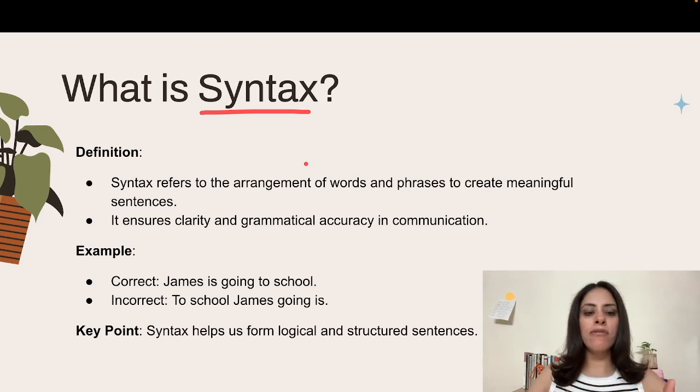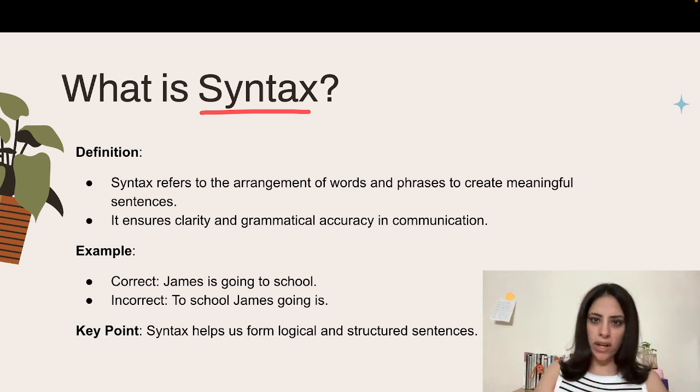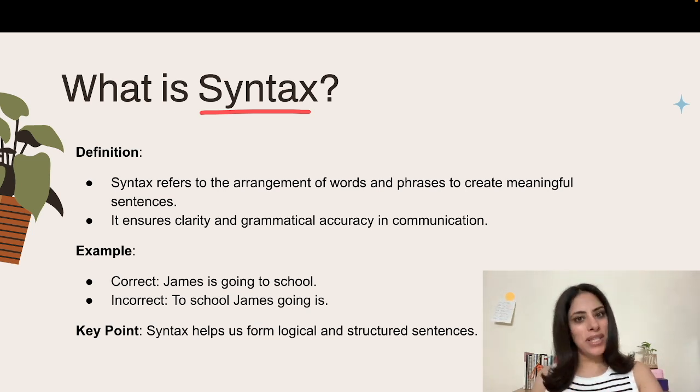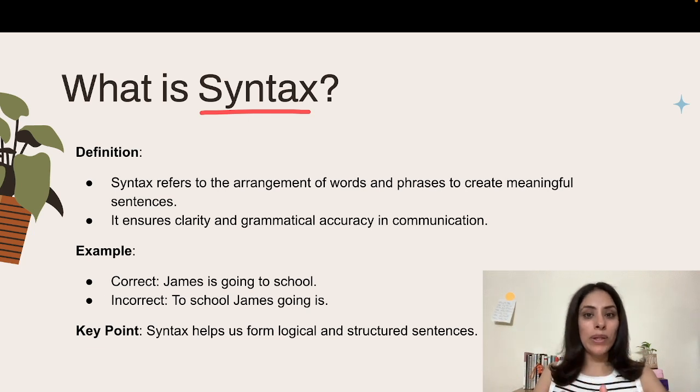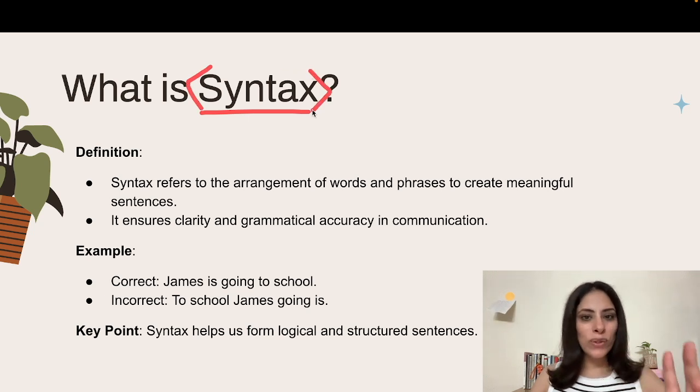We know that we have to write Ram is going to school, but some students who are beginners get confused with the syntax: how should we write our sentences, which word will come first, which word will come second. That's exactly what we are going to learn today. And don't get confused by this word syntax, it just looks difficult. The word is really simple.